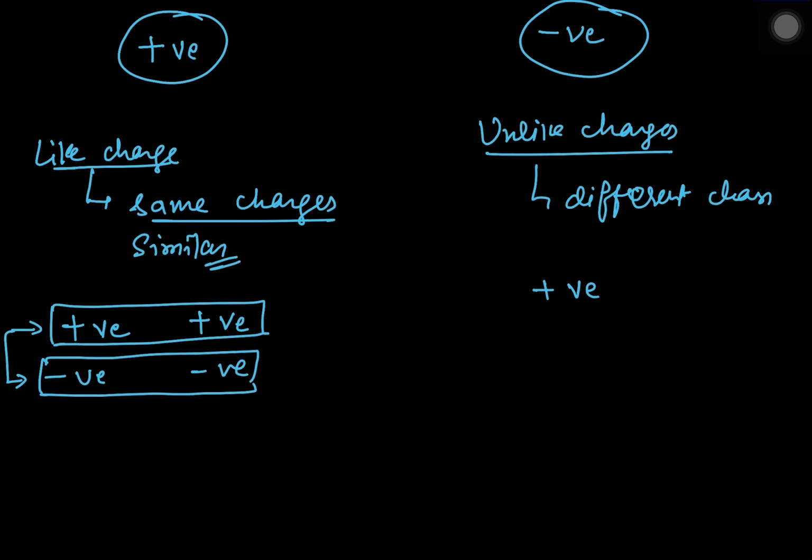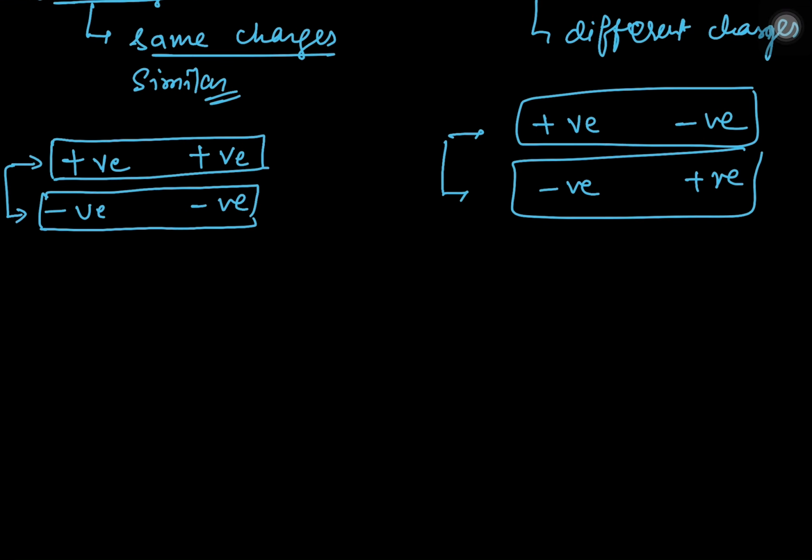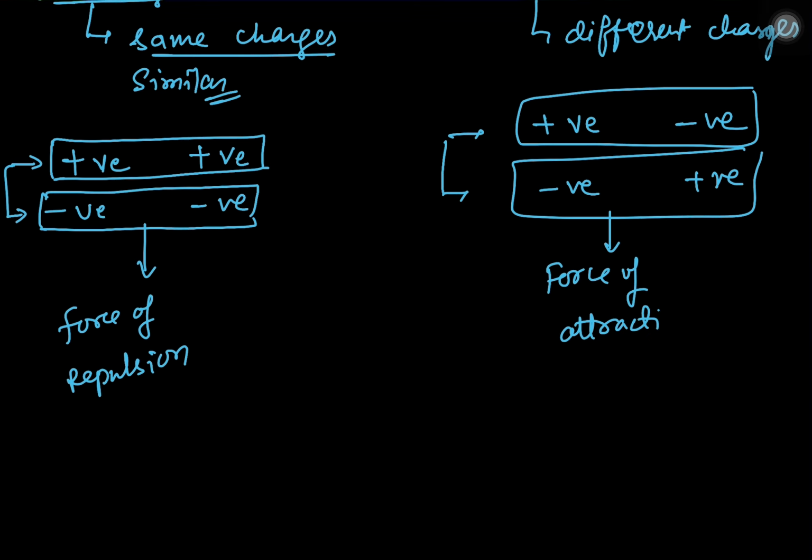For example, I would consider a positive charge and a negative charge, or a negative charge and a positive charge. So these are the unlike charges. So the like charges follow the force of repulsion, and unlike charges experience the force of attraction.